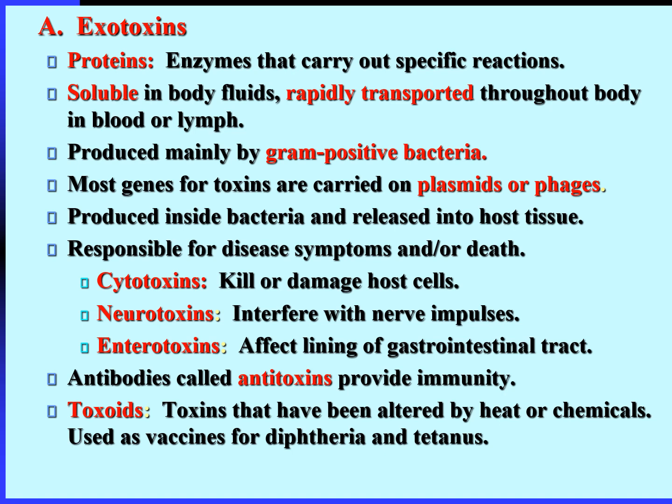Cytotoxins kill or damage host cells. Neurotoxins interfere with nerve impulses. Enterotoxins affect the lining of the gastrointestinal tract. Antibodies called antitoxins provide immunity. Toxoid: what is a toxoid? Toxins that have been altered.